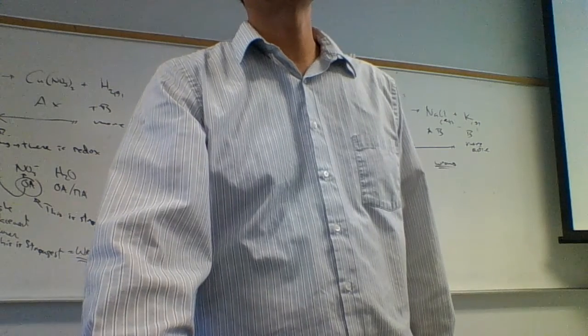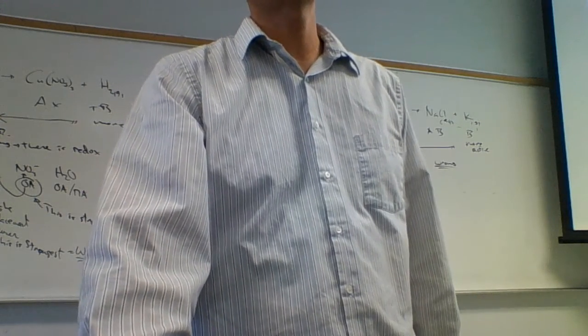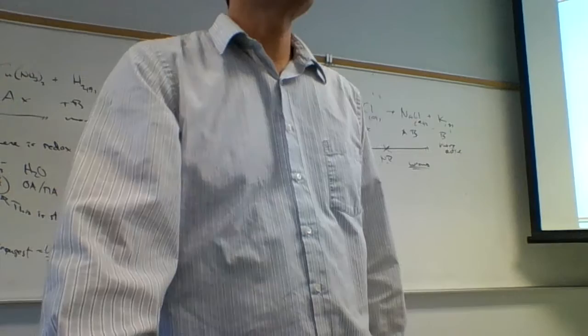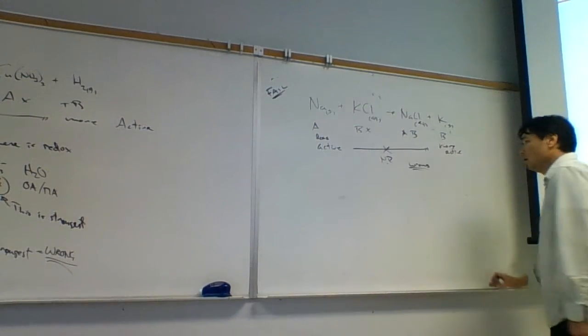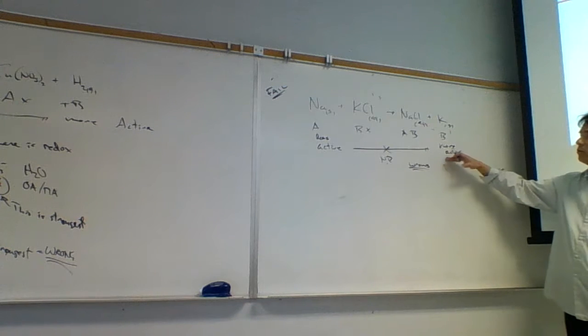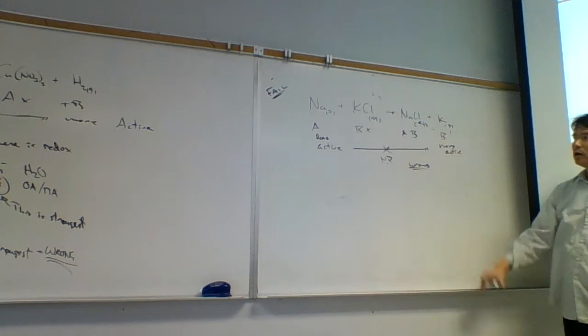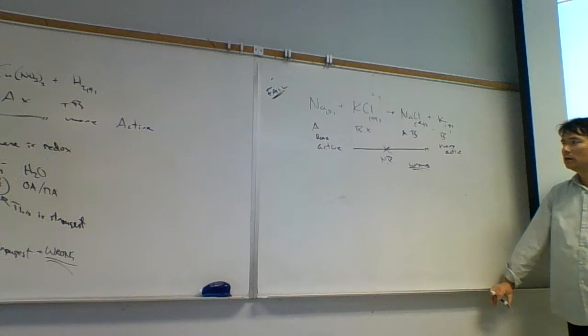Not for redox. Does redox care if you form a precipitate? No. Redox doesn't care. It's not wrong because of the precipitate. It's wrong because of something else. Can you figure out why this is wrong? Single replacement made the wrong assumption.